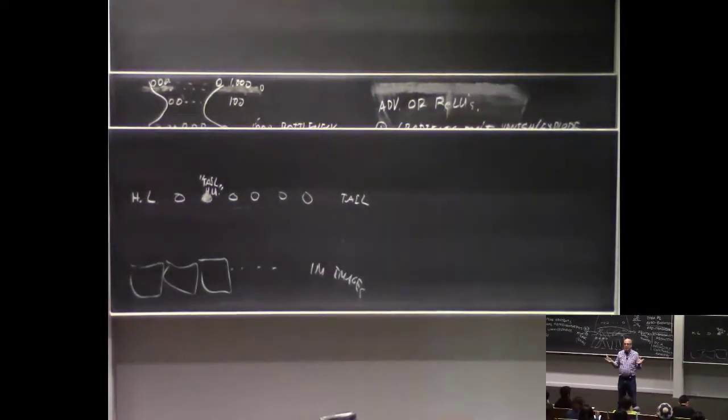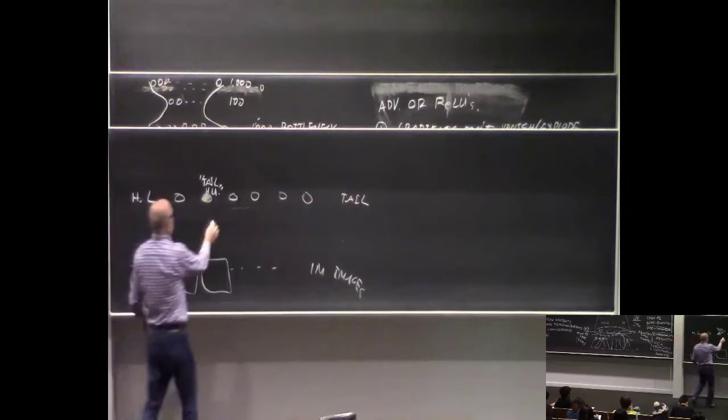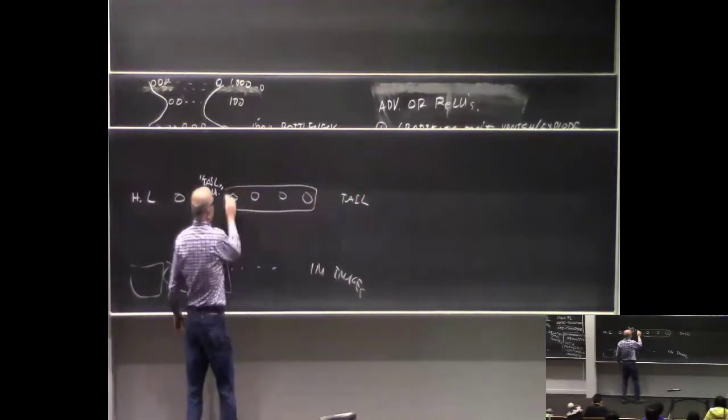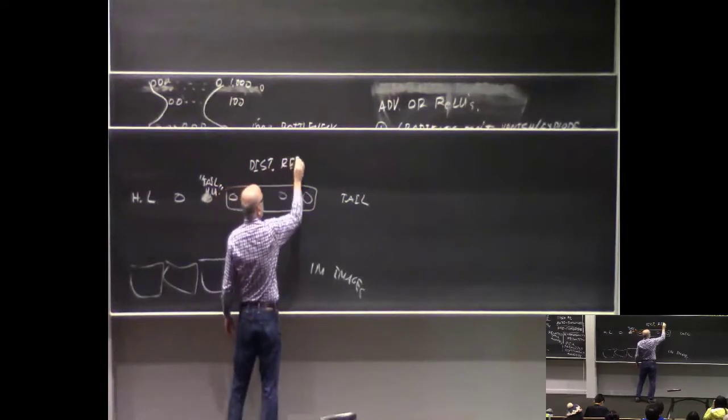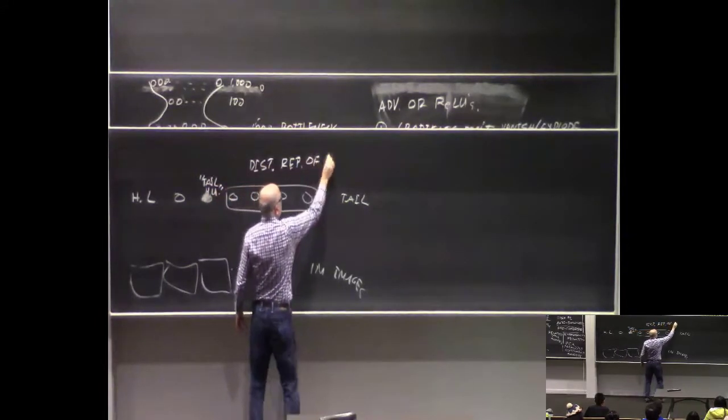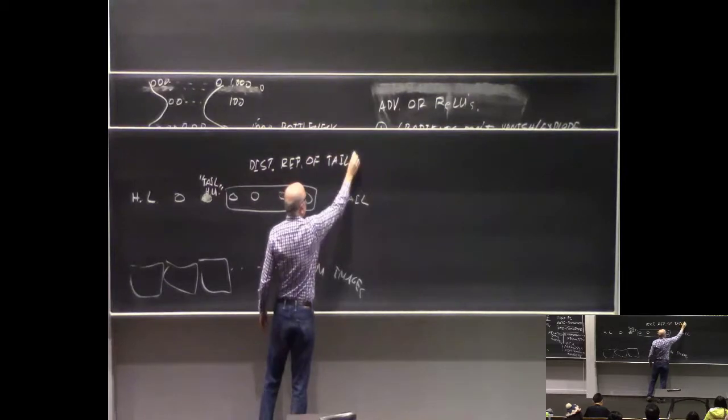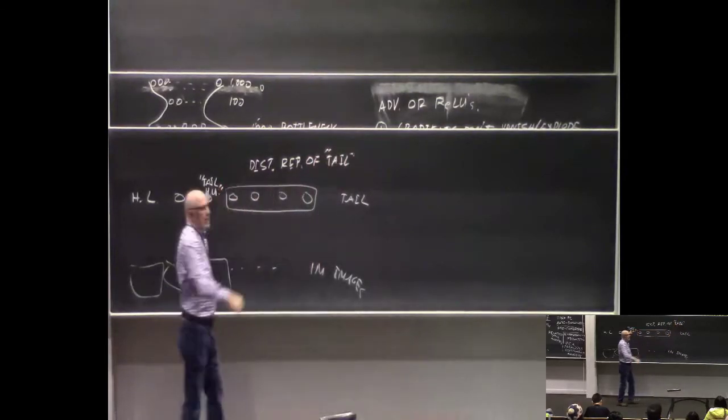If you have a distributed representation of a tail, it doesn't have to be an exact match.